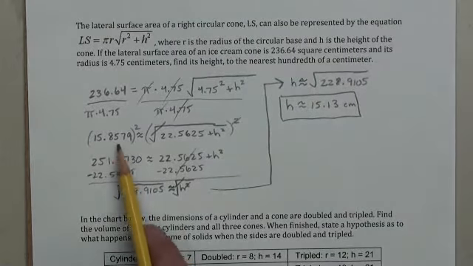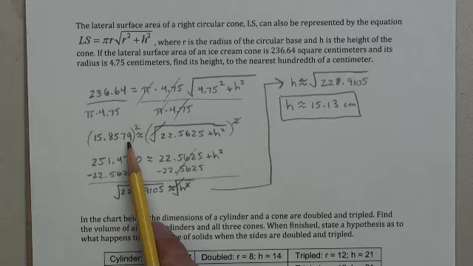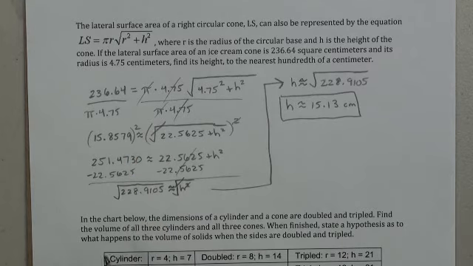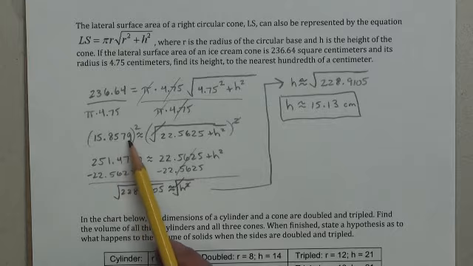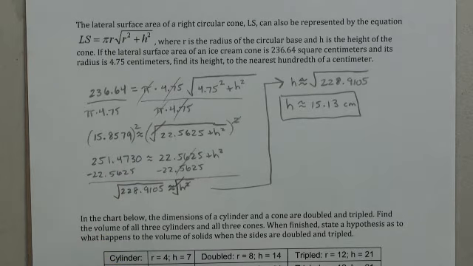See, if you go to at least 4 places after the decimal, you will never have any rounding errors in this class, okay? So just always go to 4 places after the decimal.